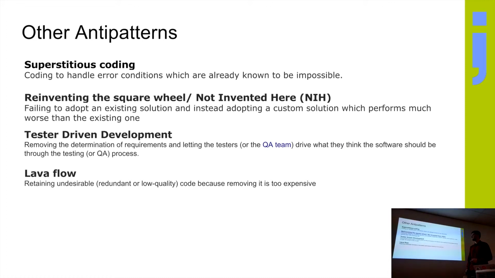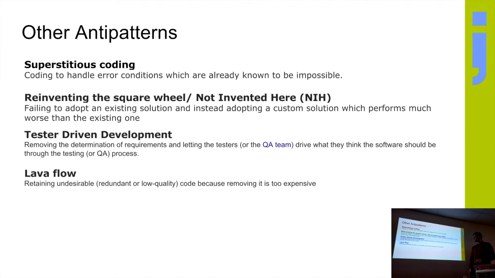Tester-driven development is when you don't have time to invent your own features and think about how the program should work. It's only the QA team that constantly files you bugs and tells you how the program should work, and maybe it's reasonable to sit down and think how it actually should work, not put everything on the QA team.